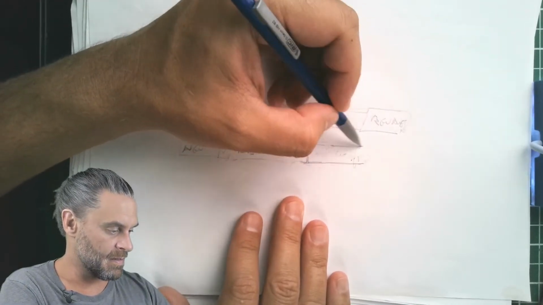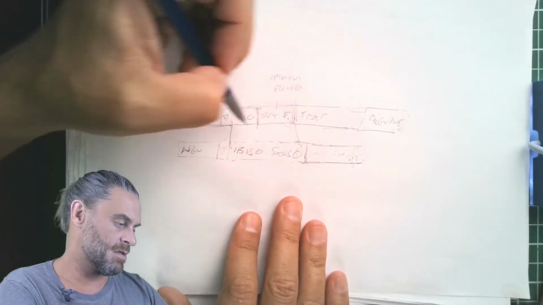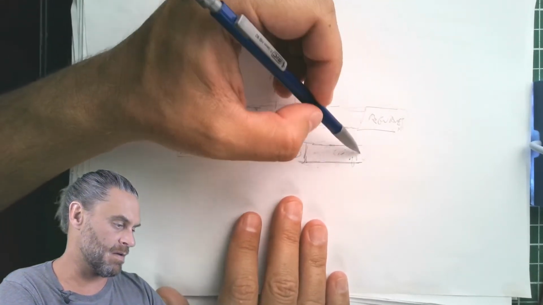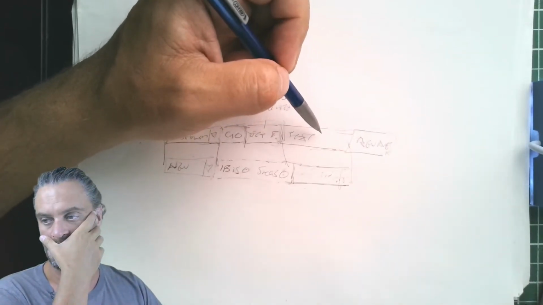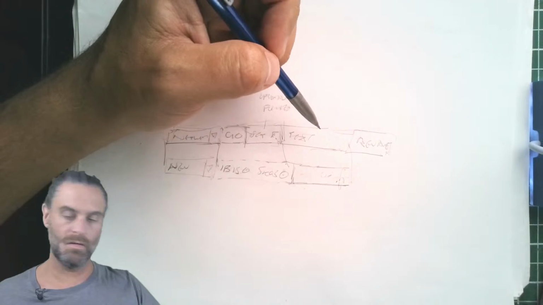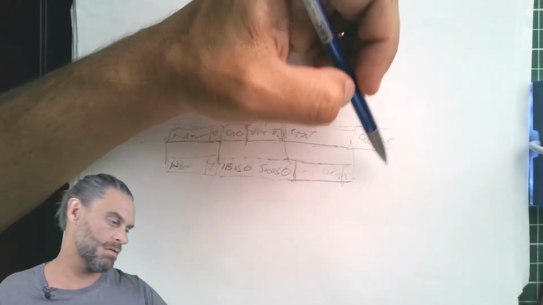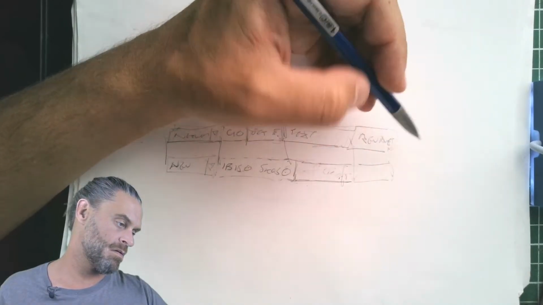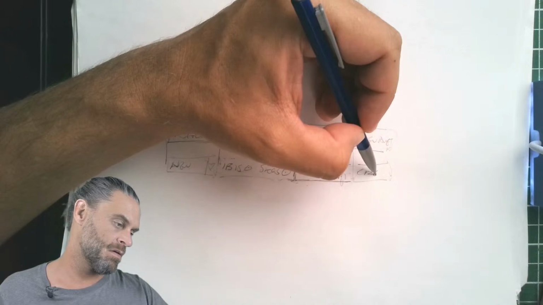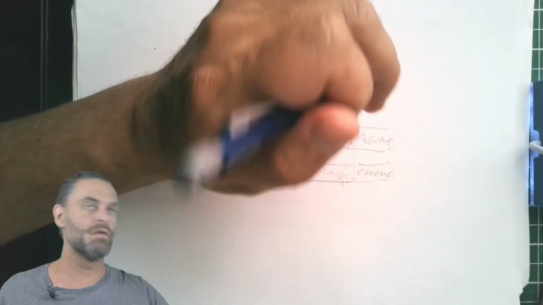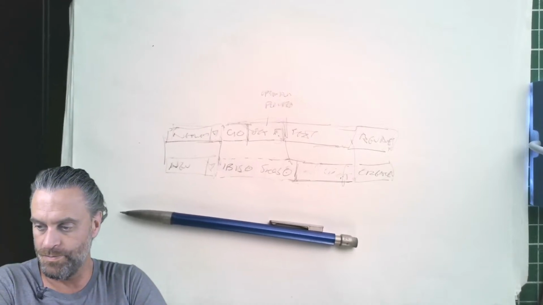Then the text. Okay, so then we have parity here. I think that's the thing to do.